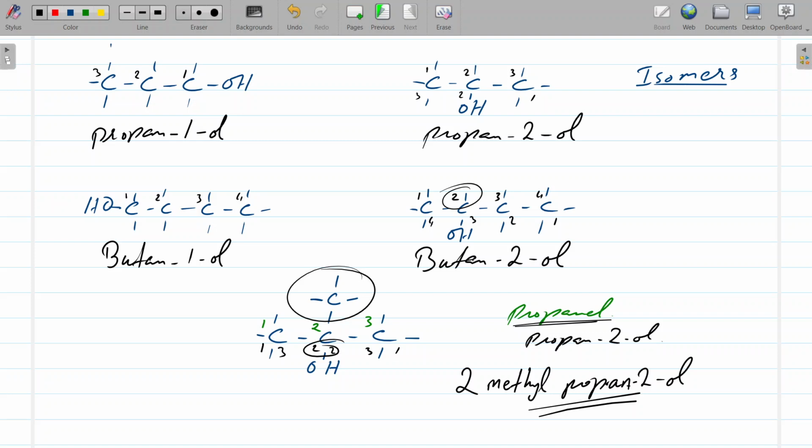The next time we're going to talk about reactions. So you've got combustion reactions and oxidation reactions for ethanol, and then how ethanol is manufactured, and some other reactions.